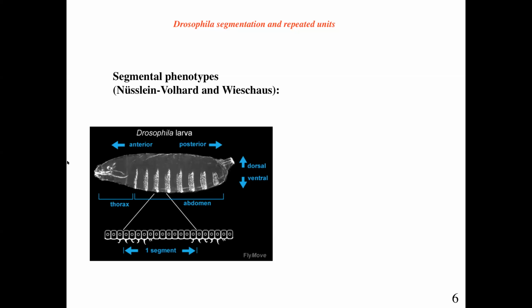That led them to utilizing the cuticle as their question. So the cuticle denticle belt patterns, how they look and what defines them, was the question that led them to the screen.